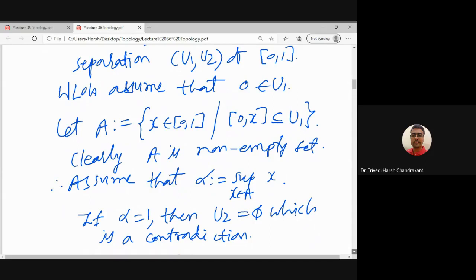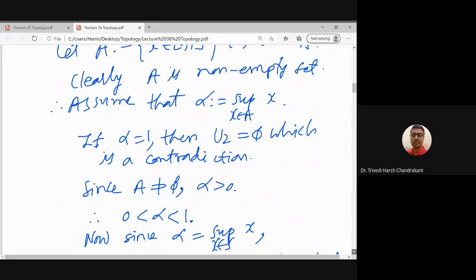So in that case, u2 will be the null set, right? And that is a contradiction because u1 and u2 is a separation. So u2 cannot be a null set; it is a non-empty set. So alpha equal to 1 is not possible.